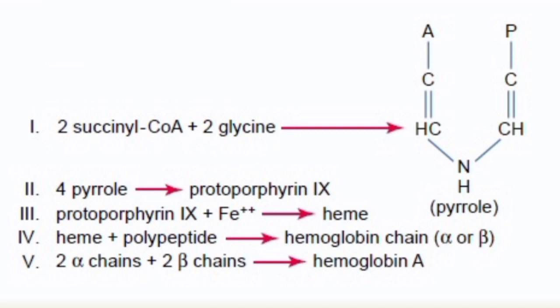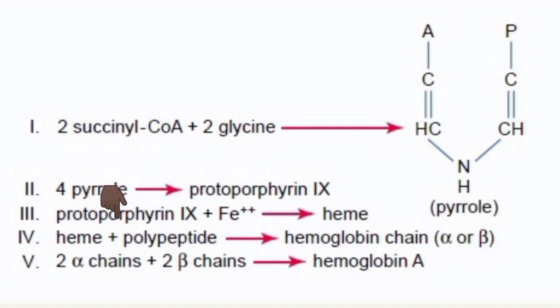Now, let us look at the basic chemical steps in the formation of hemoglobin. First, succinyl-CoA, formed in the Krebs metabolic cycle, binds with glycine to form a pyrrole molecule. In turn, 4 pyrroles combine to form protoporphyrin 9.